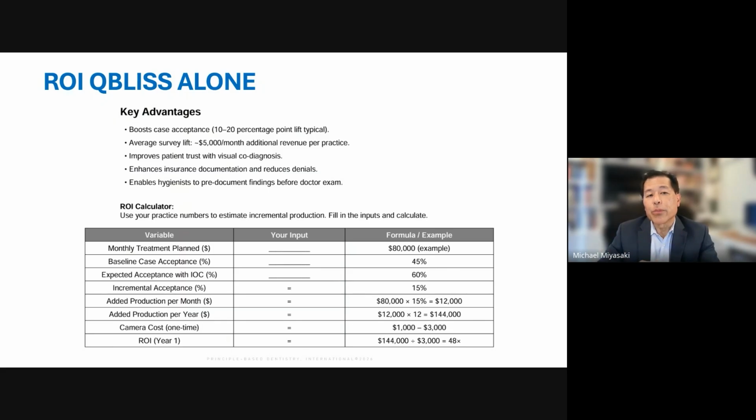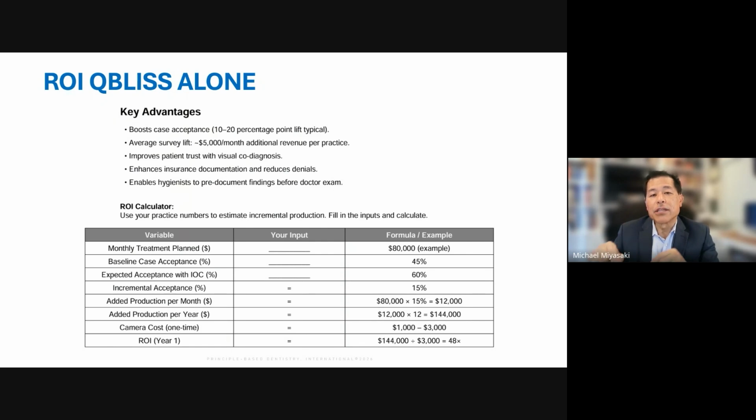How does it benefit the practice? Well, let's say, and this is taking out all the tray therapies that we're talking about, but just treatment acceptance. If you are diagnosing $80,000 a month, and let's say your case acceptance was about 45%, using the camera and the color, increase that by 15%. 15% of the 80,000 would be $12,000.